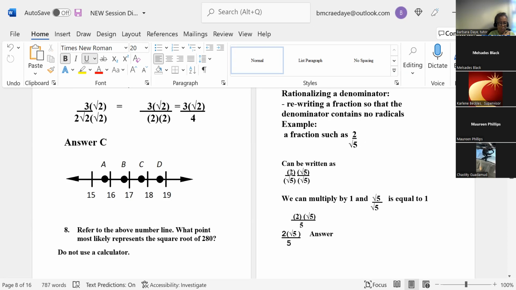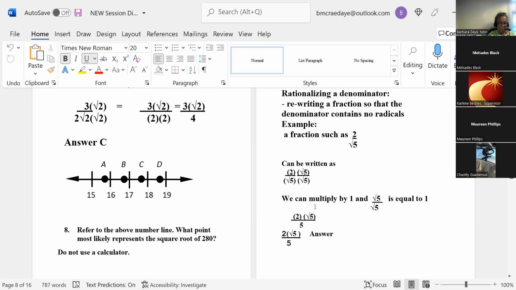What happens in the numerator? 2 times square root of 5. Denominator, square root of 5 times square root of 5 gives you the number 5. And you can just remember that as a rule. When you multiply a square root times itself, you get back just what's under the radical.